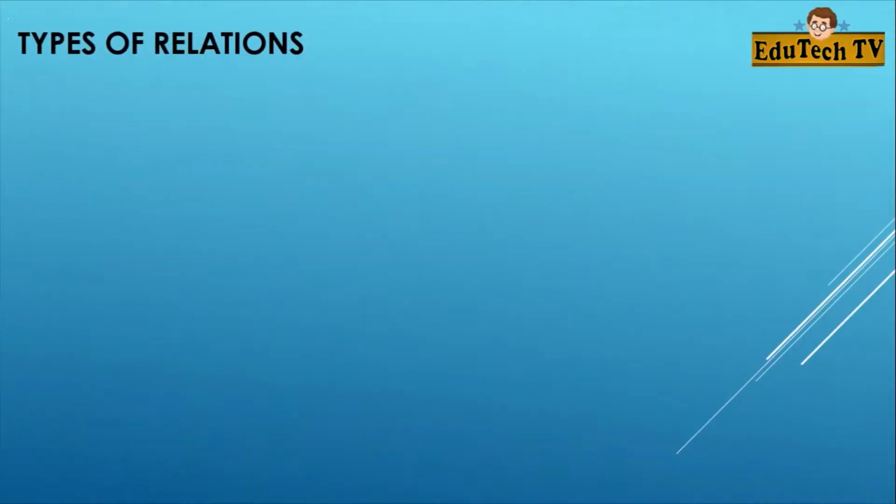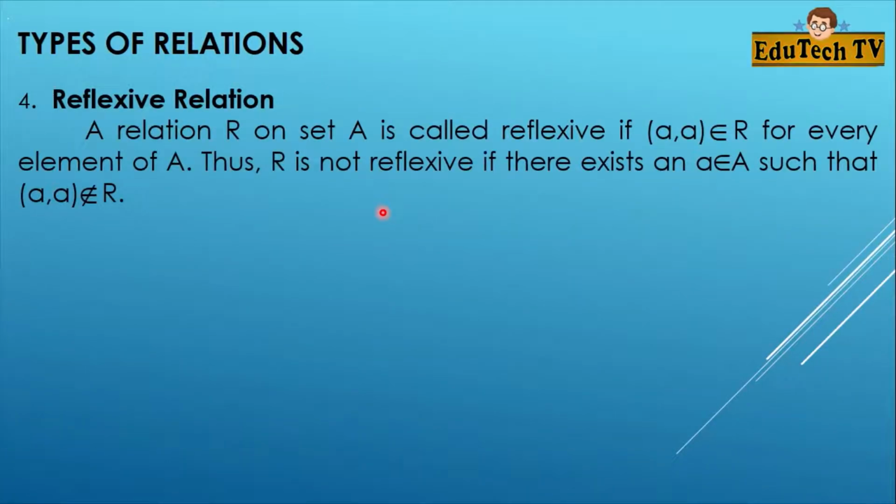Next, we have the reflexive relation. A relation R on set A is called reflexive if AA is an element of the relation R for every element of A. And R is not reflexive if there exists an element of A such that AA is not an element of the given relation.